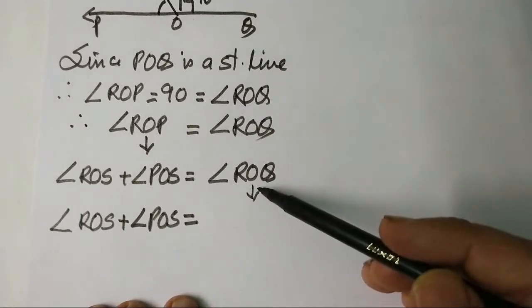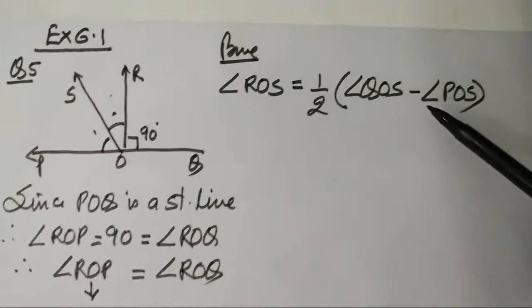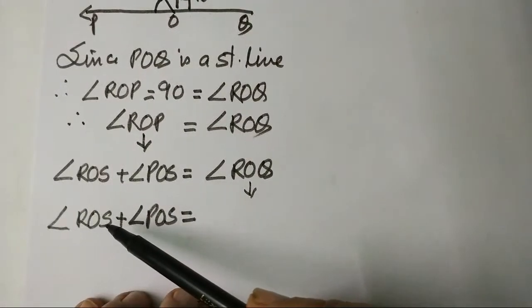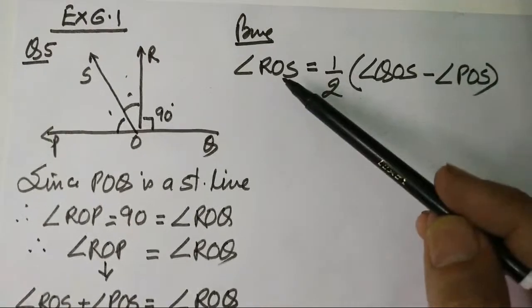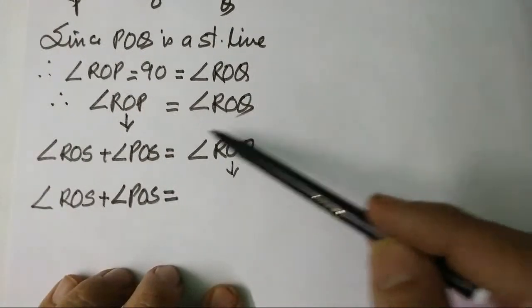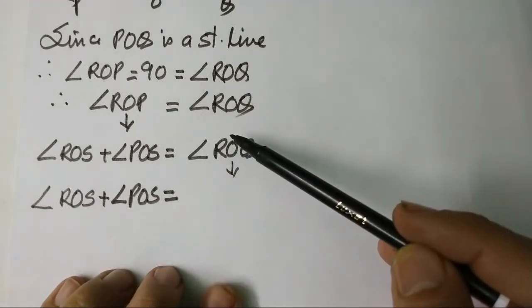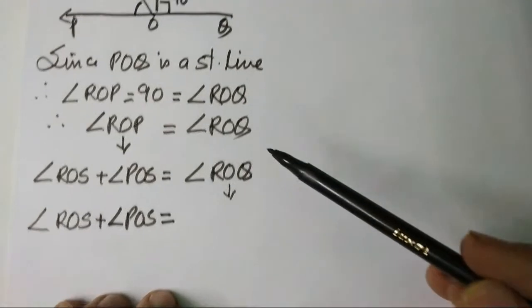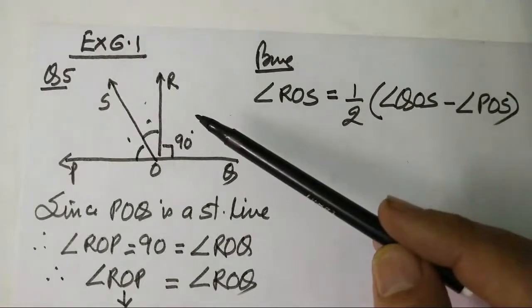Now I have to replace the name according to what has to be proved. So I have got ROS on the left side. In the question also we had ROS on one side. Now I will replace the name of ROQ. Angle ROQ is this angle.